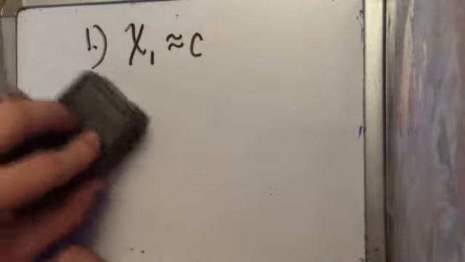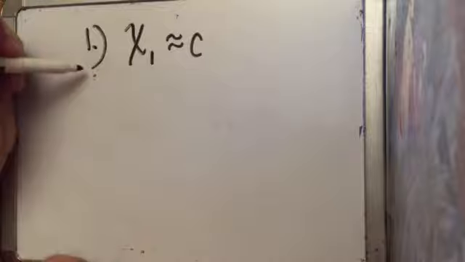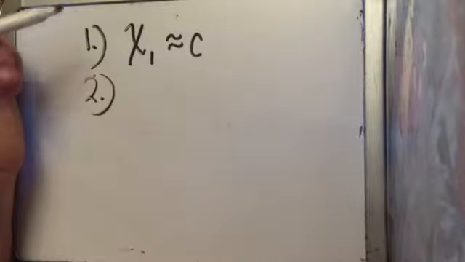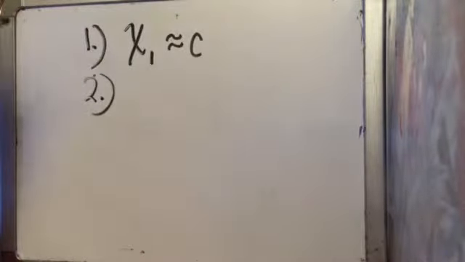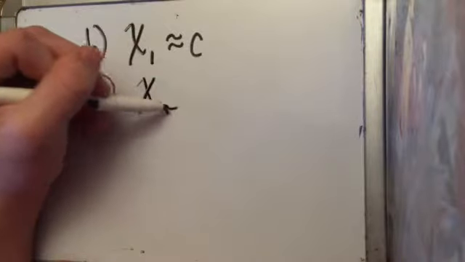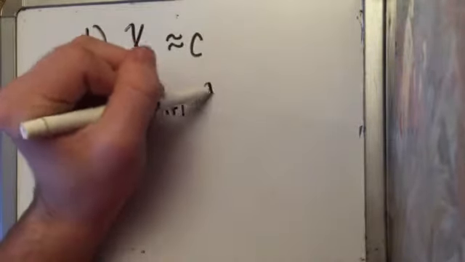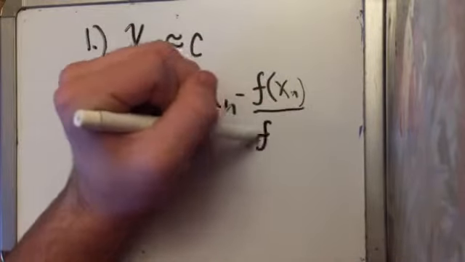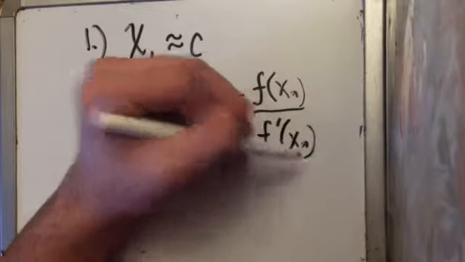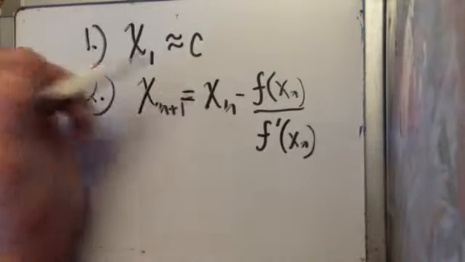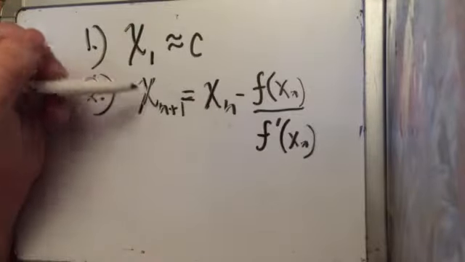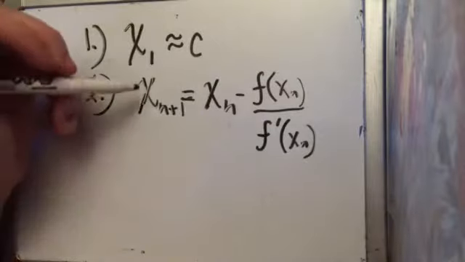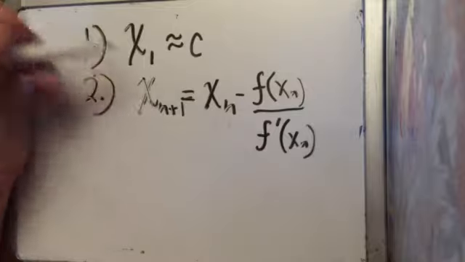After that you would determine the more specific approximation using the equation x sub n plus 1 equals x sub n minus f of x sub n over f prime of x sub n. And this equation used over and over again will give you a more and more specific approximation, as we already proved previously.